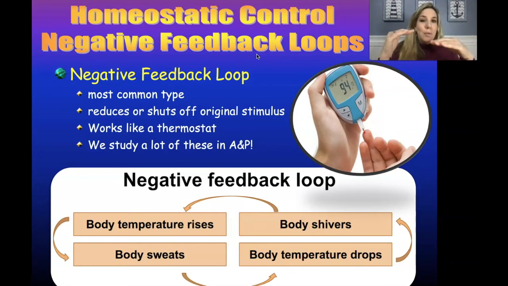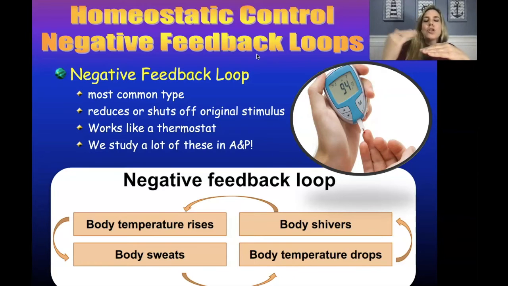So if the thermostat is set to 71 and the house gets cold, then the thermometer inside of the thermostat is going to be the receptor to say, this is not 71, it's cold. It's going to send the message to the thermostat, the brain. Brain's going to say, it's not at 71. This is a problem.